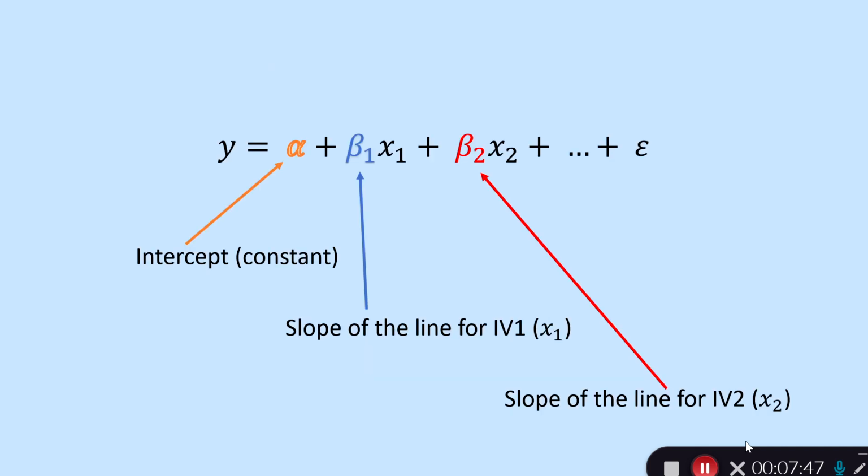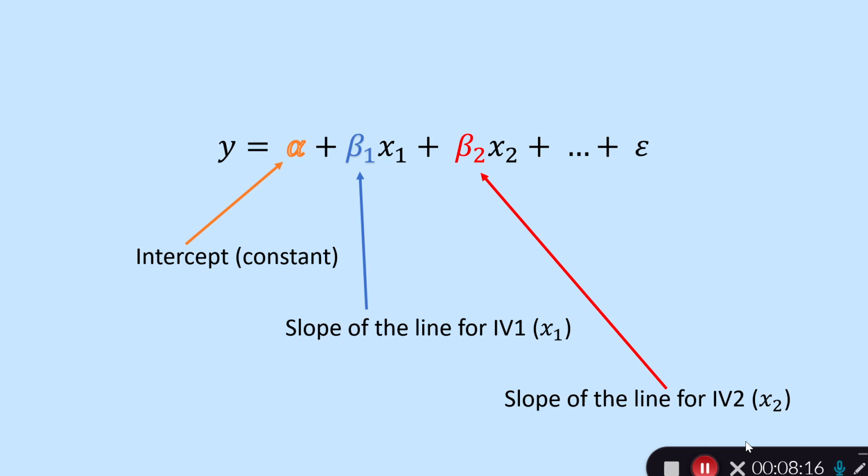Right, so just to unpack this in a little more detail, it works in the same way really as the linear regression equation. Things to note here are that we still have an intercept alpha, just one intercept. There's only one value at which our regression model crosses the y-axis when x is 0.